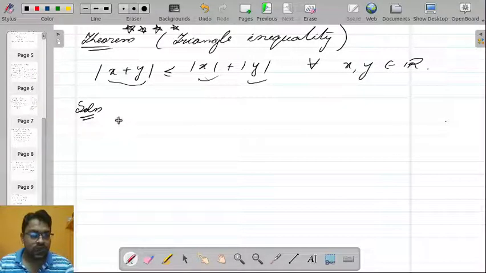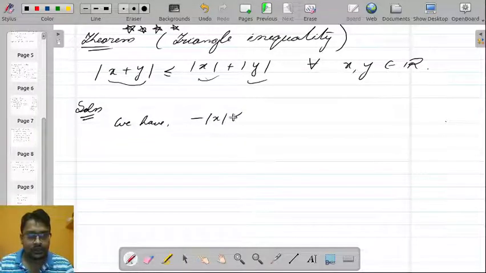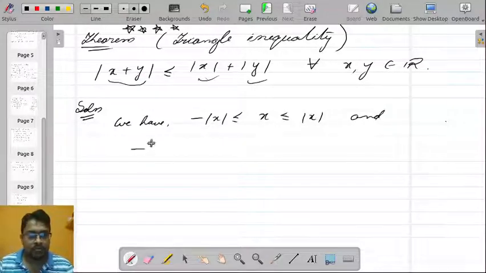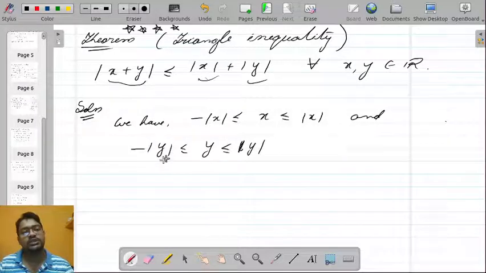So we have minus mod x is less than or equal to x less than or equal to mod x. Okay, this we have just now proved. And minus mod y is less than or equal to y, which is less than or equal to mod y. So x lies between minus mod x and plus mod x, and y lies between minus mod y and plus mod y.